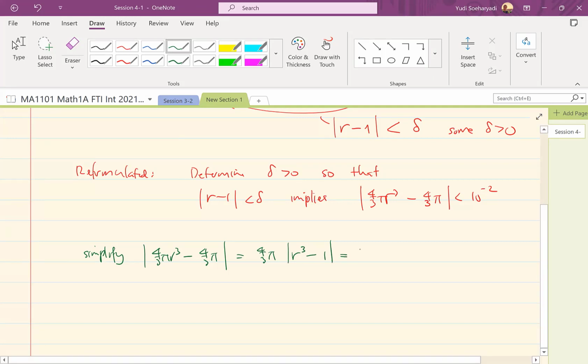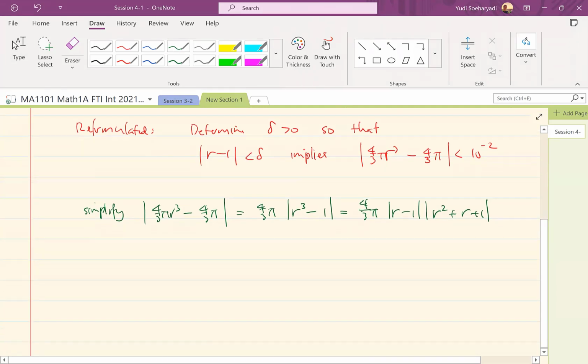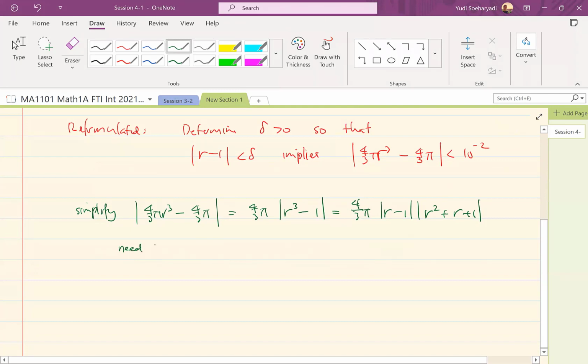Okay, and we have this r minus 1. You factor this out to binomial, and need to find a bound for r squared plus r plus 1.